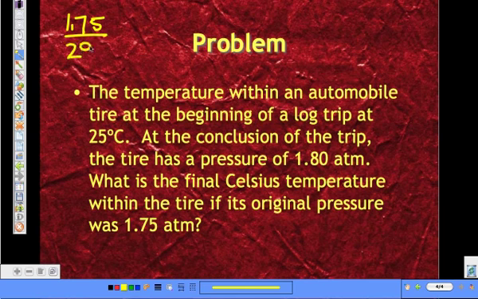Right. Our initial temperature at the beginning. Do we know P2? This time we do. We know it's 1.8. But we're looking for our T2. We want to know the final temperature of the gas in the tires. So what is T2?